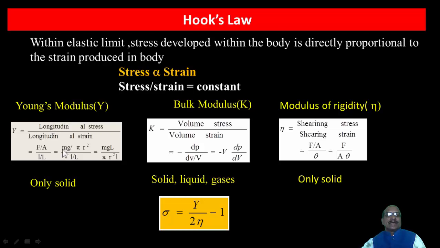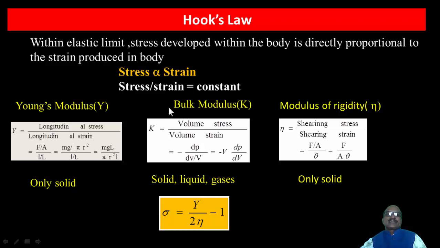If it is stretched by applying the weight mg, then the force will be mg and the area of cross section will be pi r square, divided by longitudinal strain. Strain is the change in length upon original length, that is l upon L. So we get Young's modulus as mgL upon pi r square l. Young's modulus is only for solids.